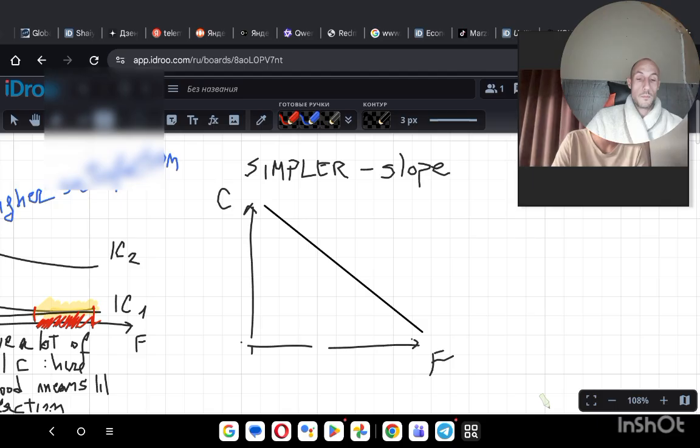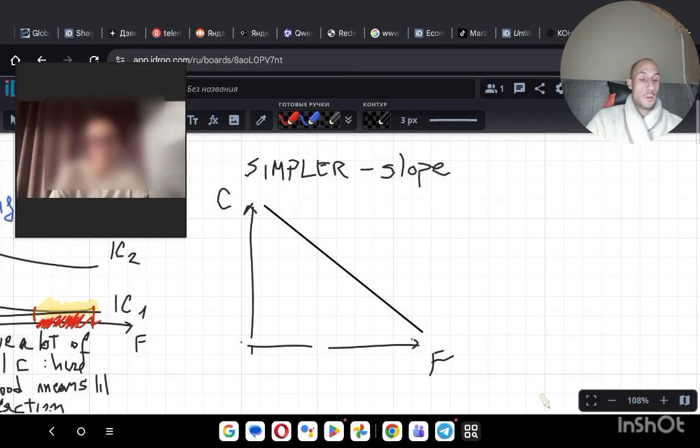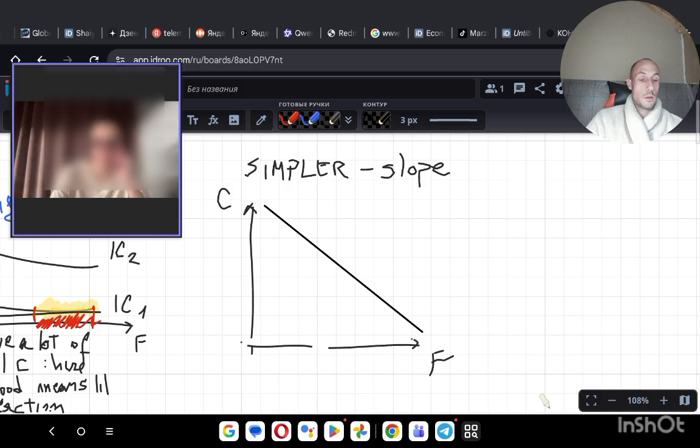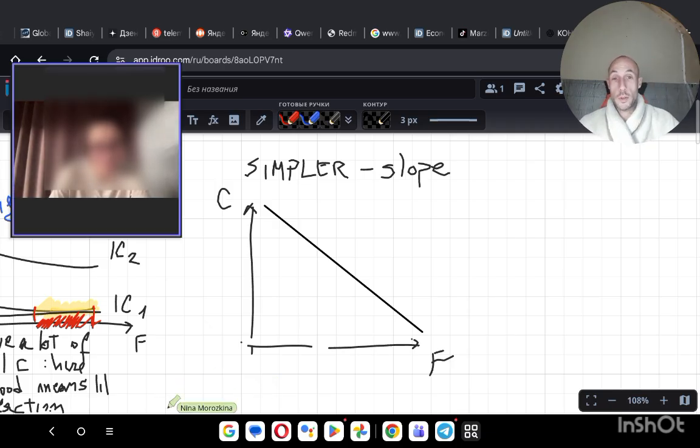Like it changes a lot, like rapidly. In this case, food always costs the same amount of clothes. How did you understand this? Because it's a line. And because I am a professor of microeconomics.